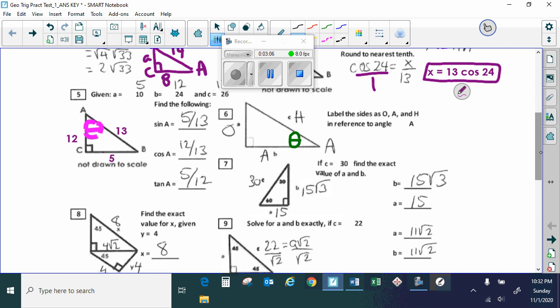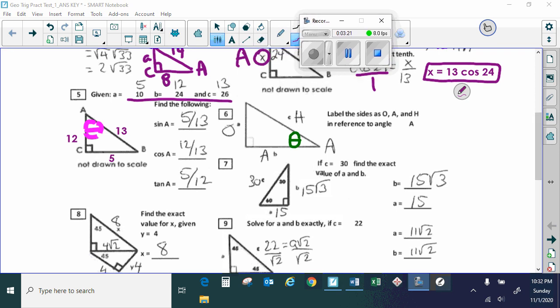All right, number 5. You have these pieces of information. You should recognize that it's a Pythagorean triple. It's a 5, 12, 13 Pythagorean triple, just doubled to 10, 24, and 26. That's why you see up top here I've reduced it down, divided each by 2, and you see the 5, 12, 13. So the sine of A is 5 opposite over hypotenuse, 5 13ths.